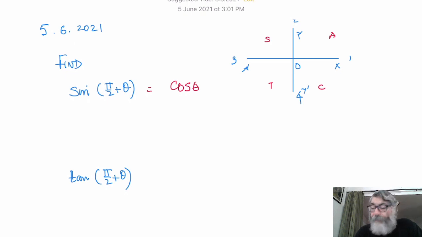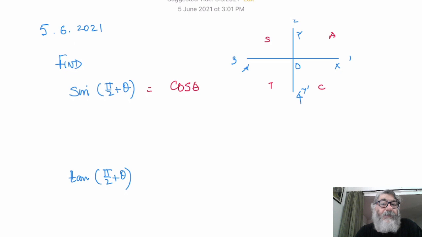So sine of pi by 2 plus theta will be equal to cos theta, because an odd multiple of pi by 2 plus or minus will change sine into cos, cos into sine, cosec into sec, sec into cosec, tan into cot, and cot into tan.